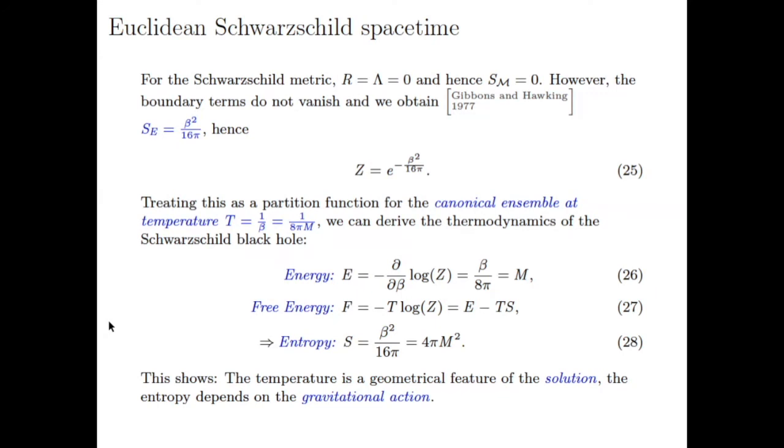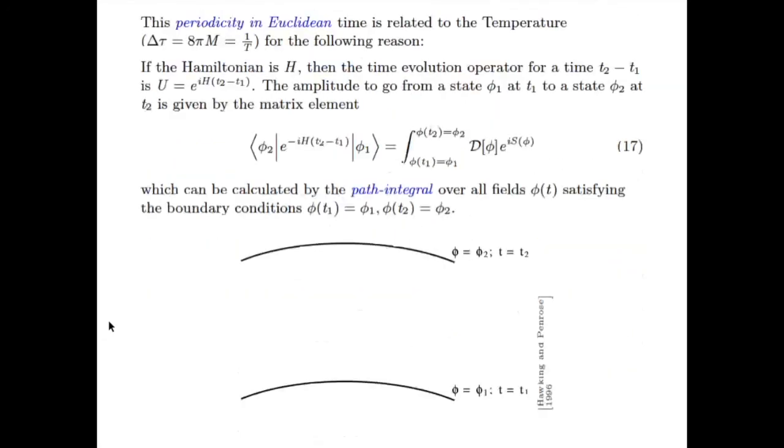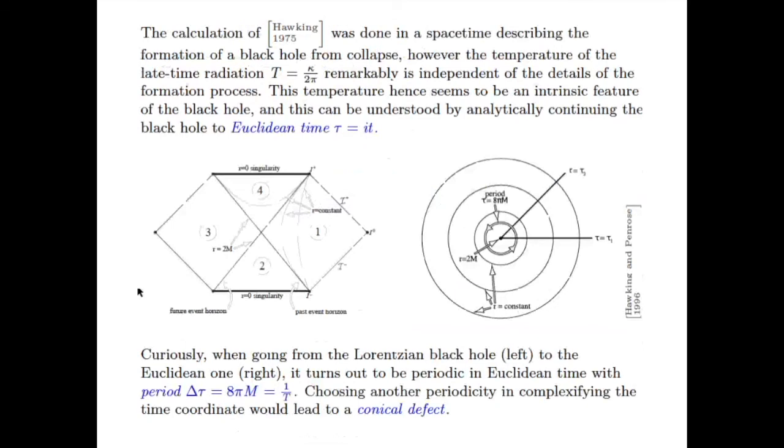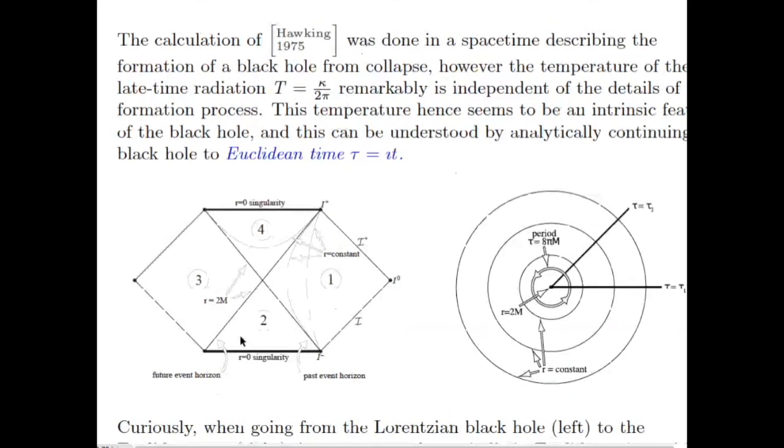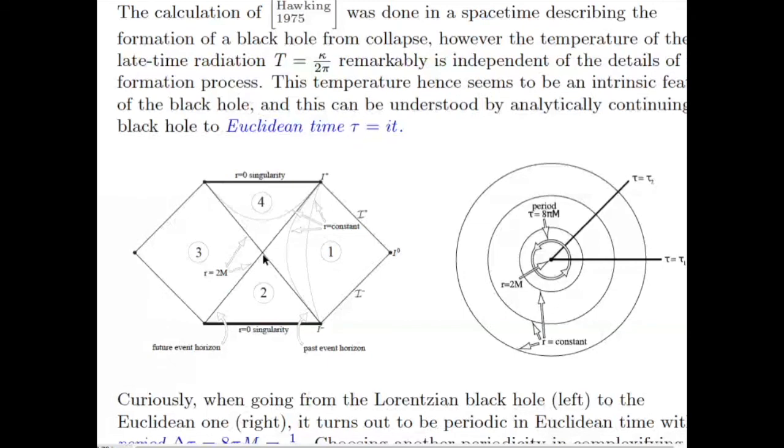However, there's a paper by Wald and Iyer, I think. They showed that in general, the entropy, even in generalized gravity theories, is always a geometric functional of the bifurcation surface of the black hole. The bifurcation surface, remember, is this specific point here in the Penrose diagram of the black hole where the two event or Killing or trapping horizons cross.